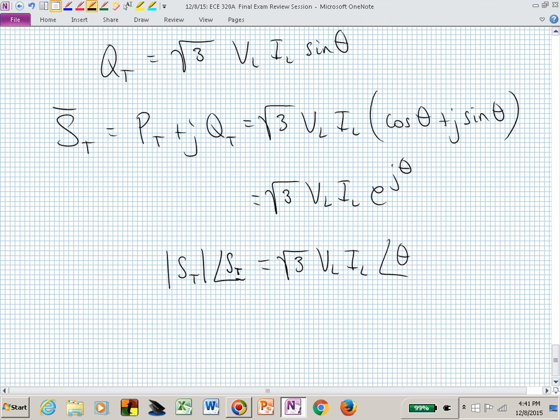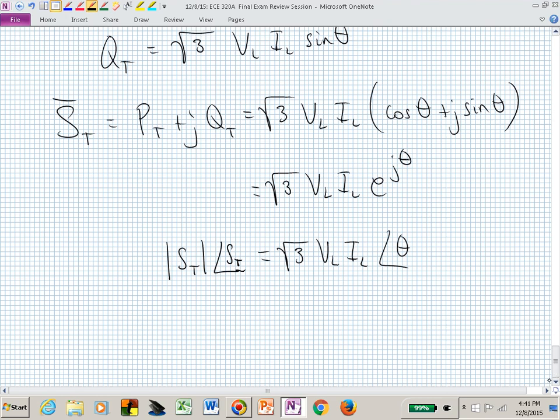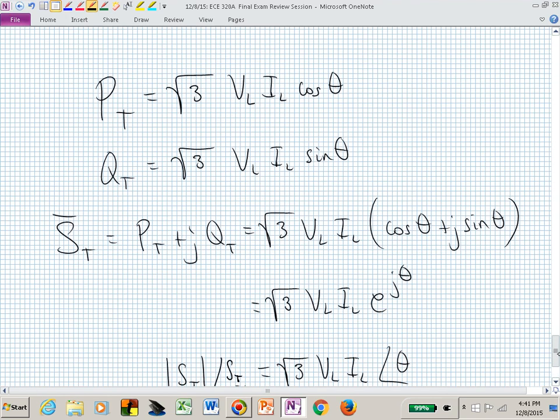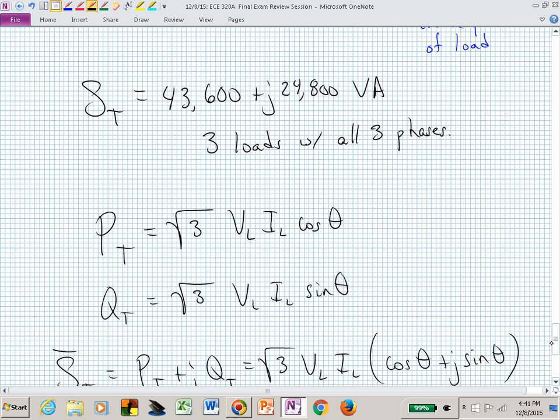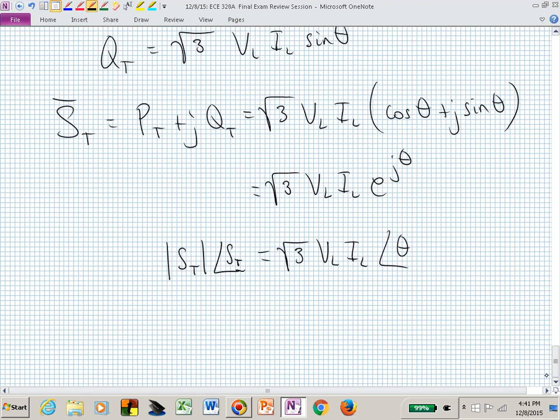Now, comparing the two, we have a magnitude piece and an angle piece on the right, and a magnitude piece and an angle piece on the left. We can find the magnitude, the hypotenuse of 43,600 plus j24,800, or we could find the angle, either of those, to find I sub L.